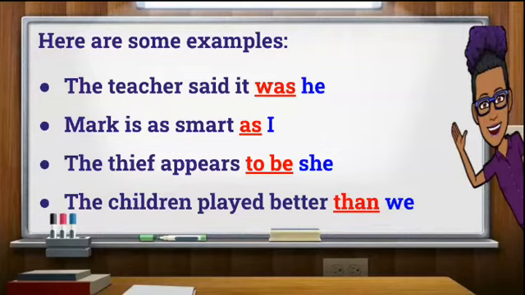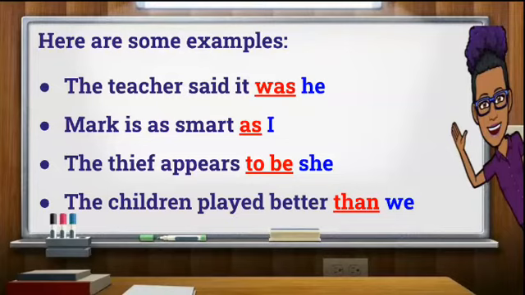Now if we read them again, you can always add that extra ending to figure out whether or not the pronoun sounds correct. Like example, the teacher said it was he, and I may add who did it. Mark is as smart as I, and I may add the am at the end.